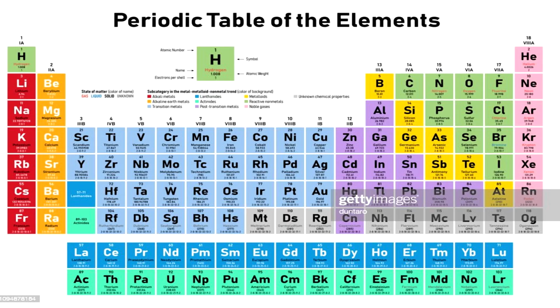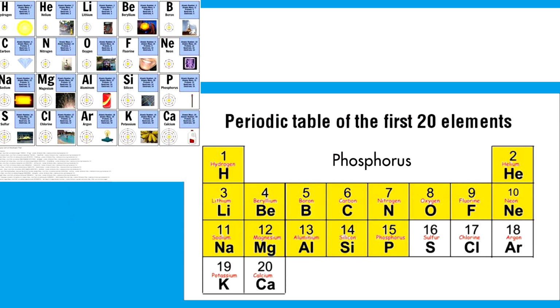So you can see that this is actually a group. Group 1, group 2, group 3, they have been arranged vertically. And then this is period 1, that is period 2, this is period 3. So they've been arranged in a horizontal fashion.